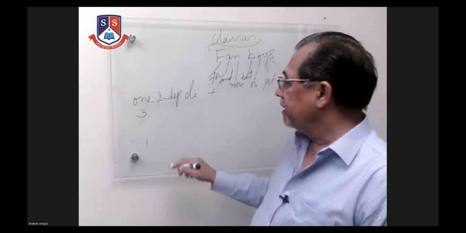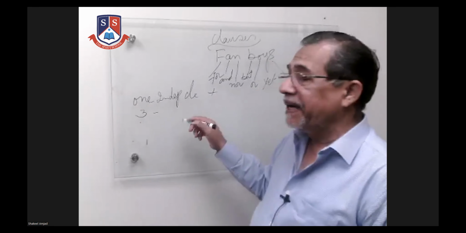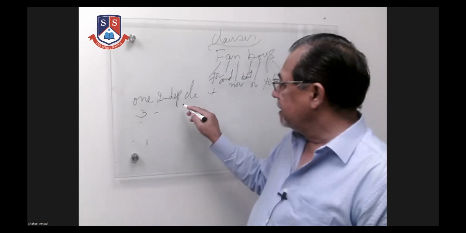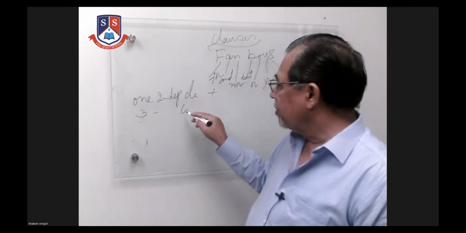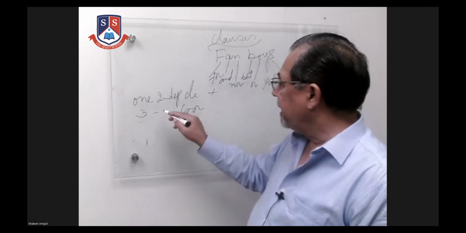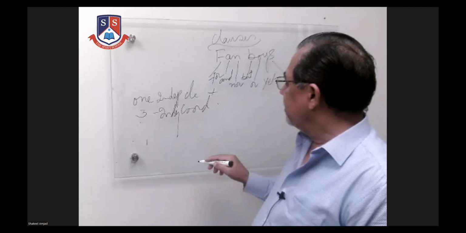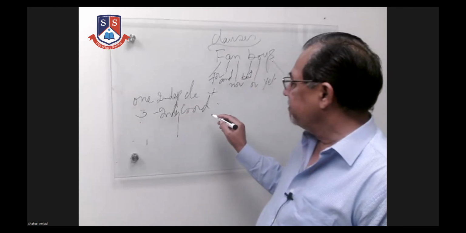Remember that there are three possibilities of joining two clauses to make a compound. One is that you can bring any of the coordinators, independent coordinates. For example, fanboy, right?